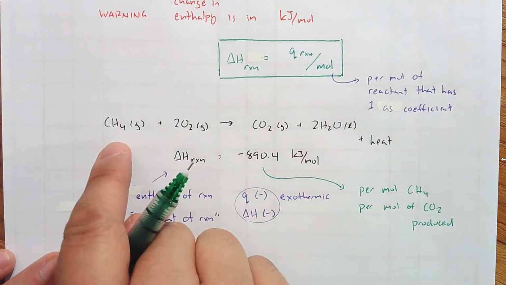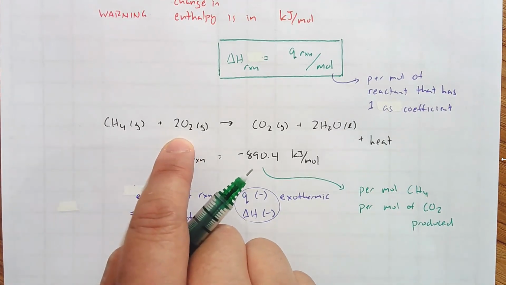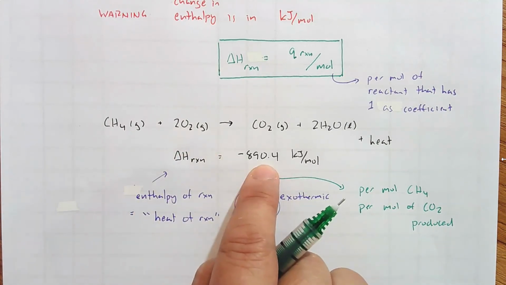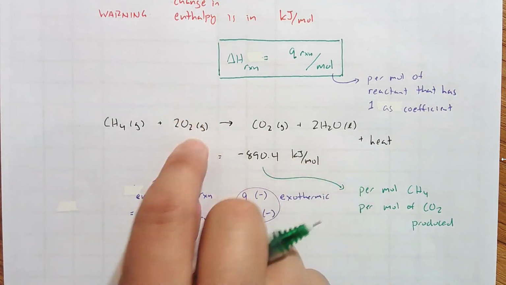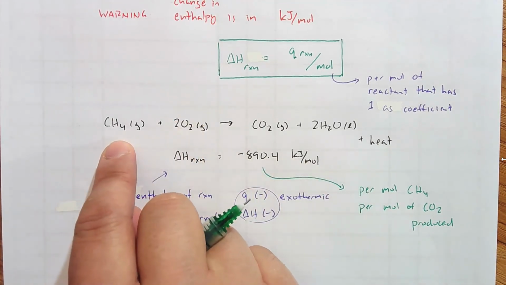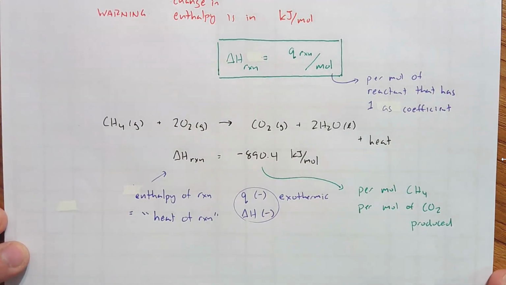What if I said that we have over here 82 millimoles of O2? Well, if this is kilojoules per mole of methane, then we have to figure out how many moles of methane we have by using mole ratio conversion.